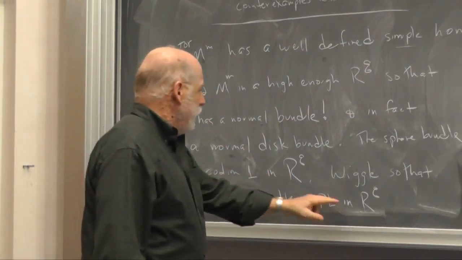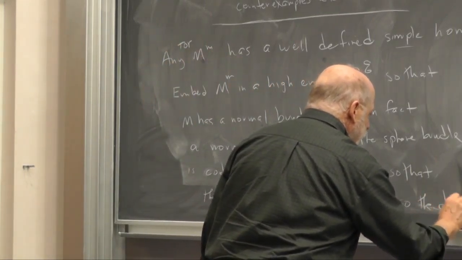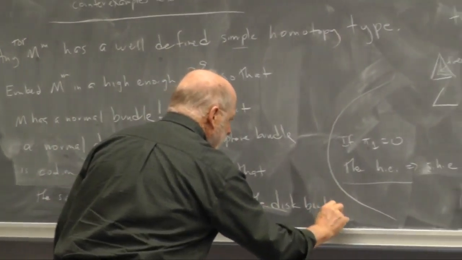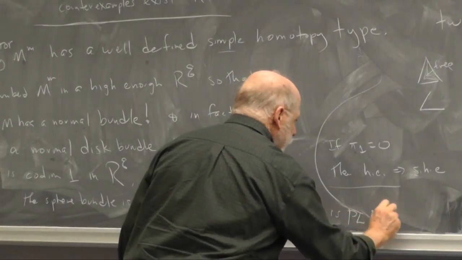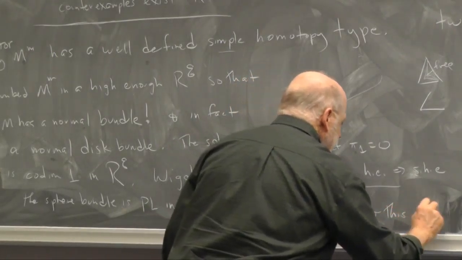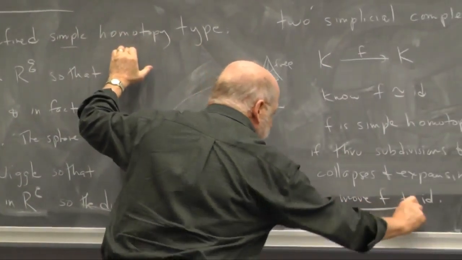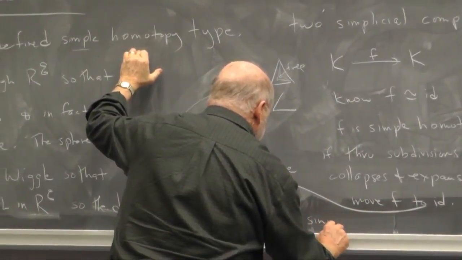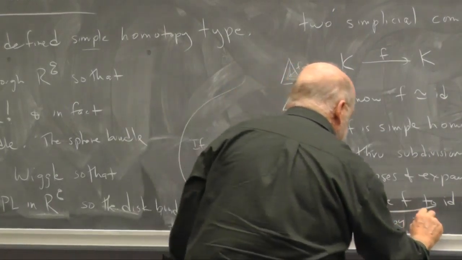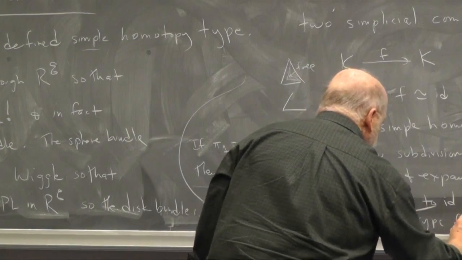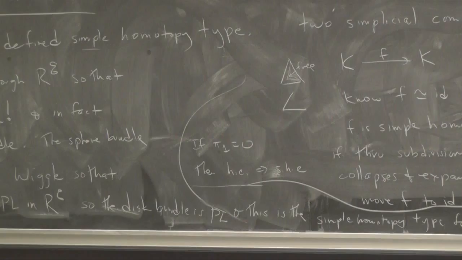So the disk bundle is PL, and this is the simple homotopy type for our topological manifold M.